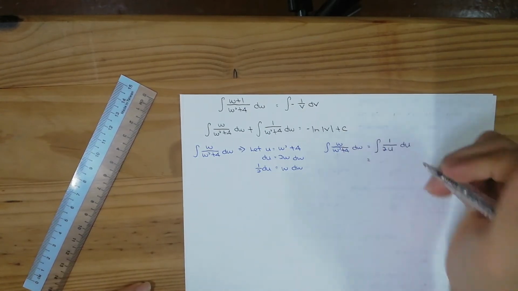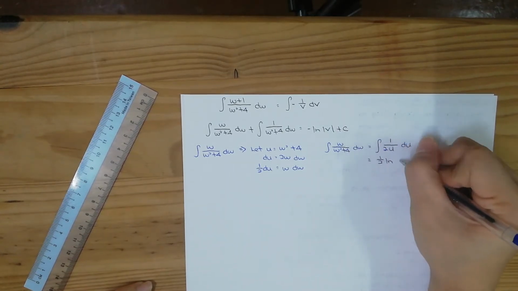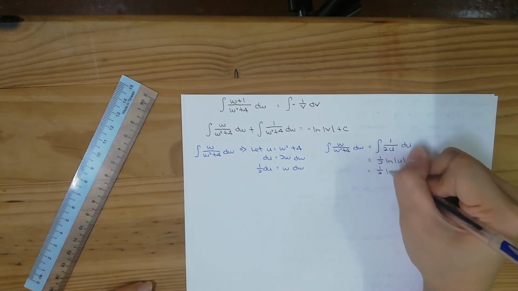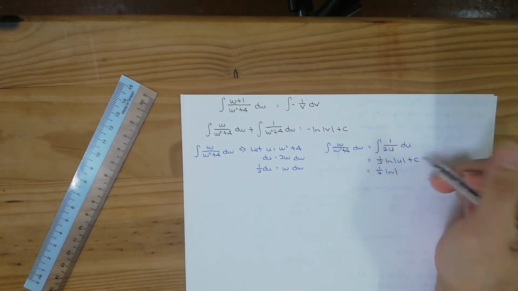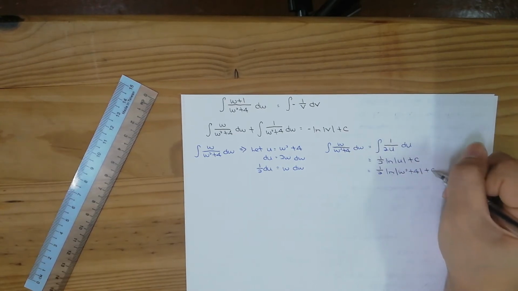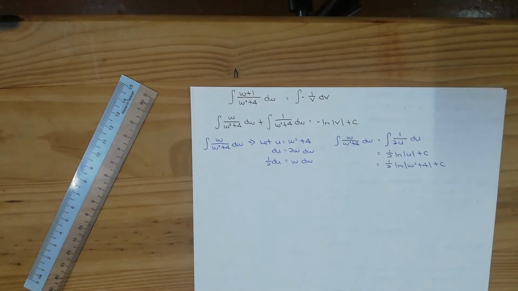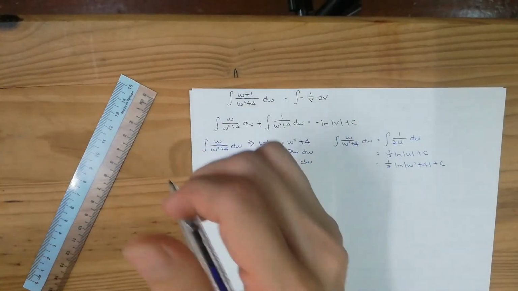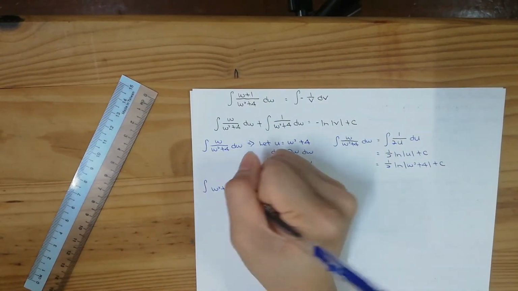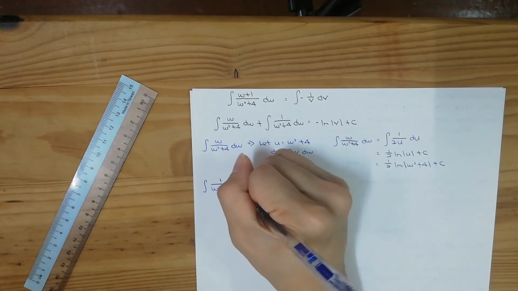So when we integrate it, we will get 1 over 2 ln u plus c, which is also equal to 1 over 2 ln of, substituting back our u, w squared plus 4, plus c. So we are done for the first integral. So the next integral, 1 over (w squared plus 4) dw.